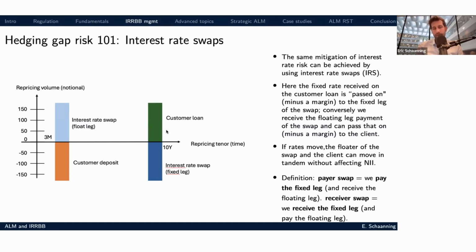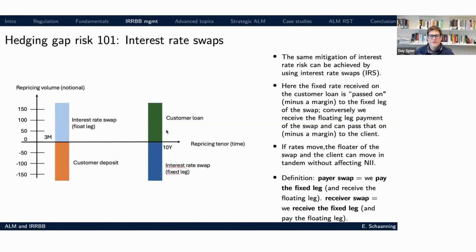You discount these cash flows to the present, so you get an estimated net present value for your future cash flows. Then you set the fixed leg, the swap rate, at a level such that it equals the expected net present value of the floating leg. And then you have two exactly offsetting values.